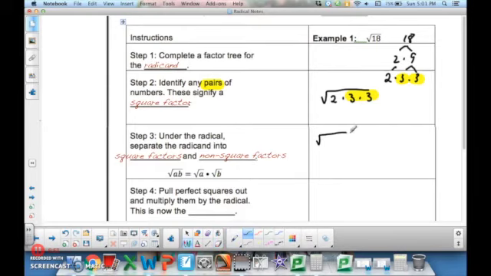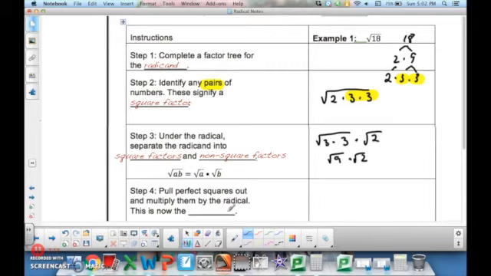I'm going to write it this way: the square root of 3 times the square root of 3. I'm going to put my pairs together, and then multiply that times my singleton here, my square root of 2. Now, what I have here is the square root of 9 times the square root of 2.